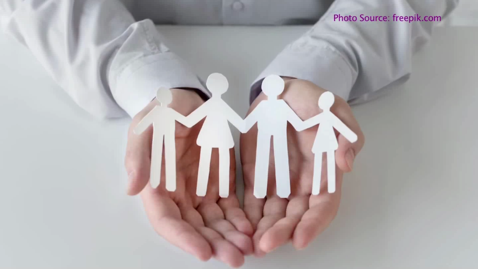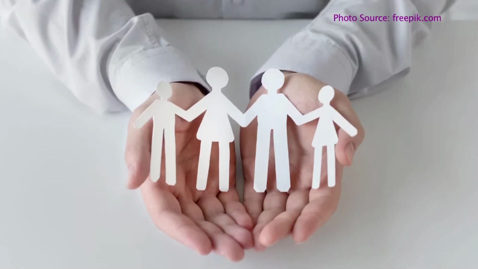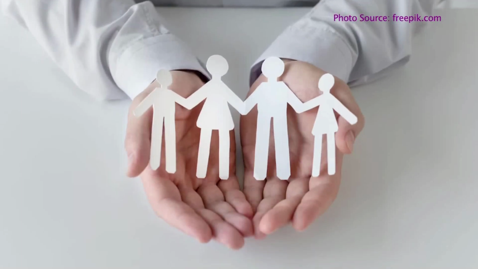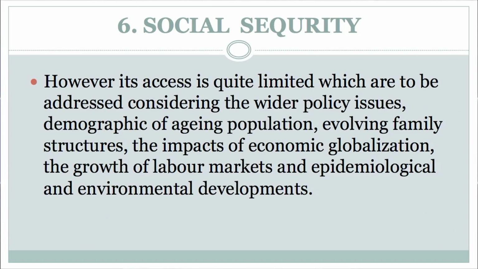However, its access is quite limited, which has to be addressed considering the wider political issues, the demographics of an aging population, evolving family structures, the impact of economic globalization, the growth of labor markets, and epidemiological and environmental developments.